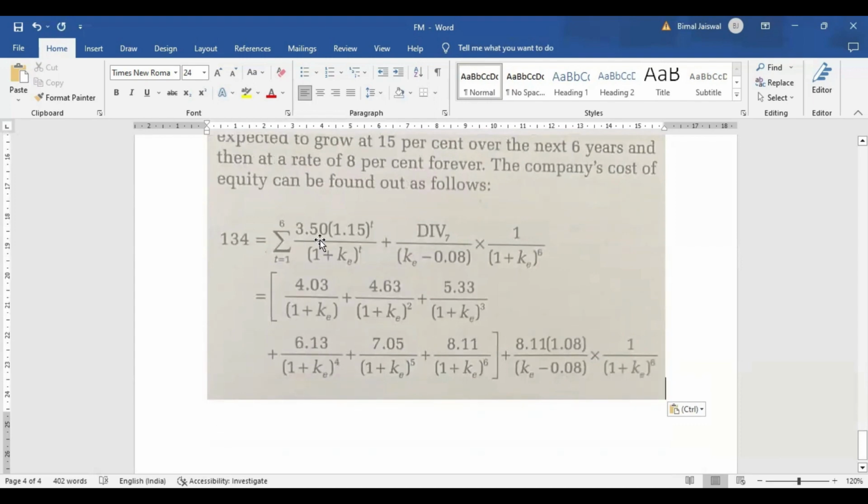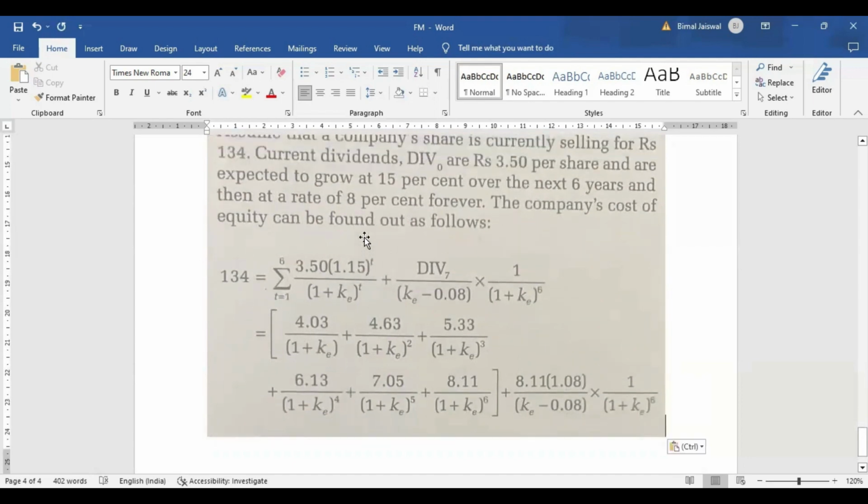3.50 multiplied by 1.15 to the power 1. You solve this, it will come to 4.03. Next year, 4.03 multiplied by 1.15 to the power 2, it will come to 4.63.